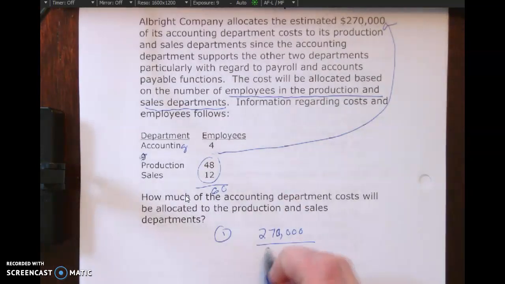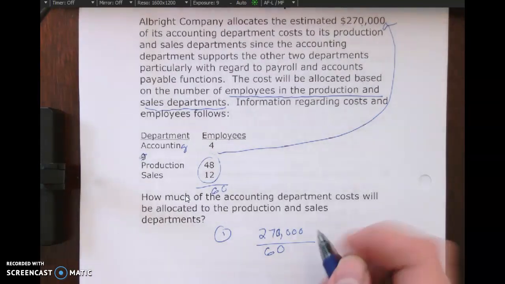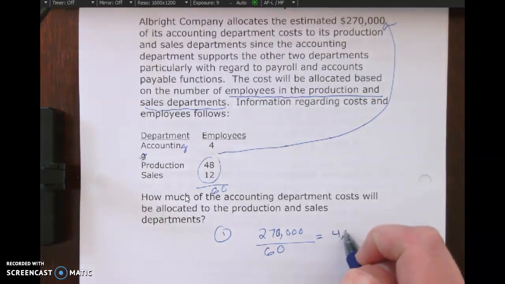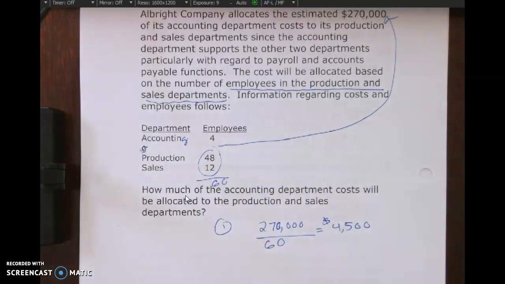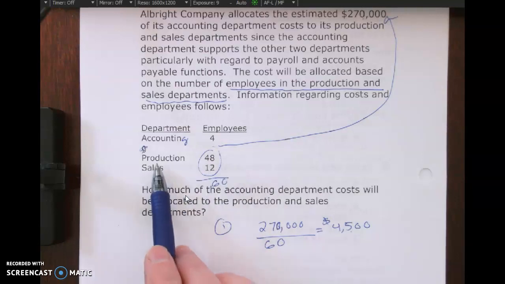So what we can do is divide by 60. And what this gives us is a rate of $4,500. Now what does that $4,500 represent? That's one thing to really think carefully about. This $4,500 is the rate, it's $4,500 per employee in production and sales. Okay?